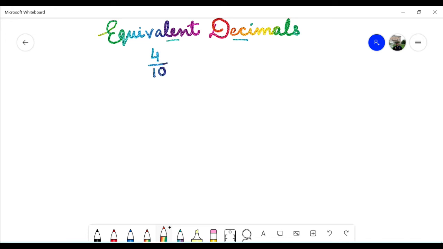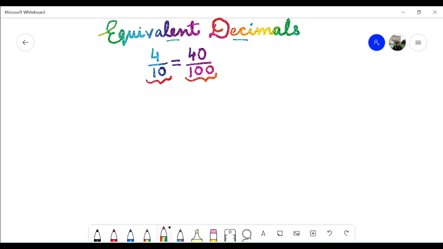If we multiply the numerator and the denominator by 10, we will get an equivalent fraction of 4 upon 10. 4 multiplied by 10 will give us 40 and 10 multiplied by 10 will give us 100. So 4 upon 10 and 40 upon 100 represent the same amount or the same quantity.